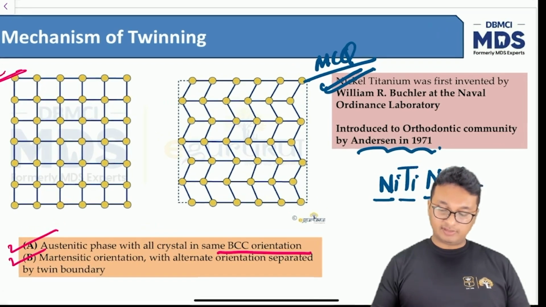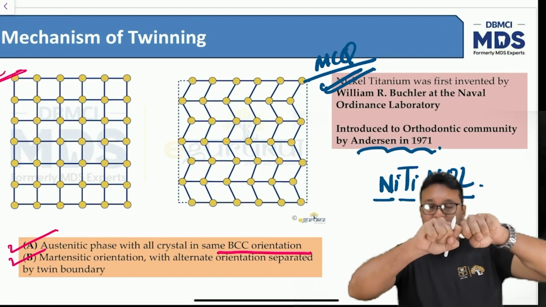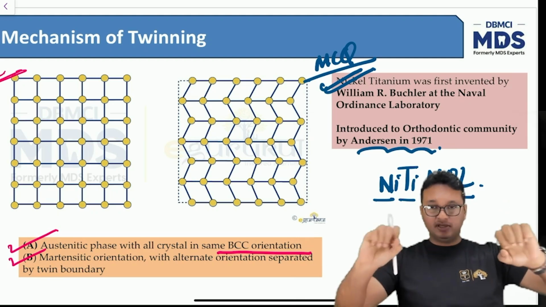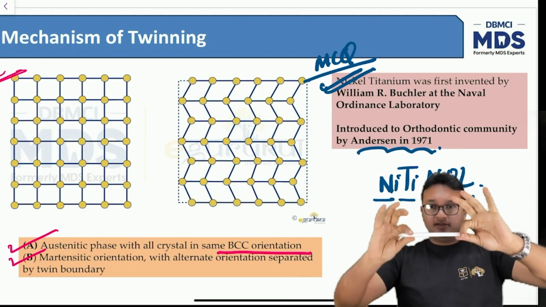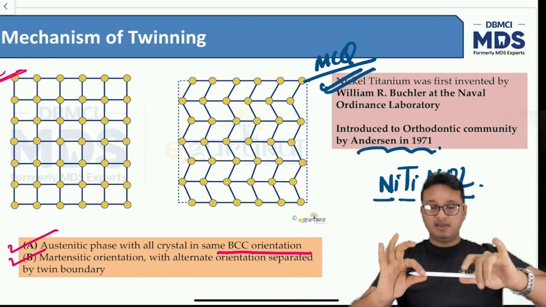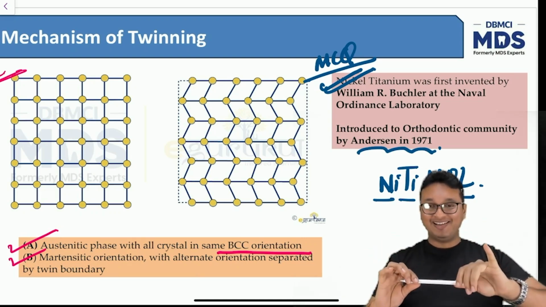Now, as you can see here, this is the arch wire. The arch wire is quite straight initially. You just bend that arch wire. I have this pen. This is straight, right? I try to bend it. I'll break it otherwise, so I'm not bending it here.